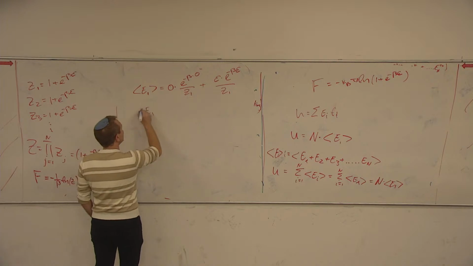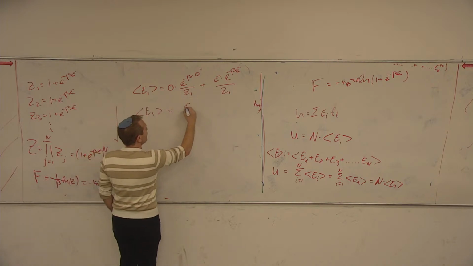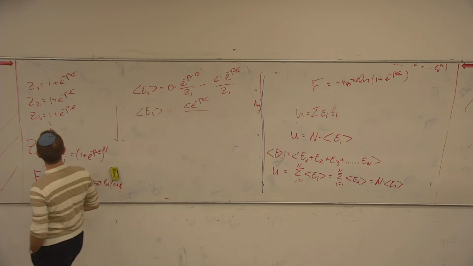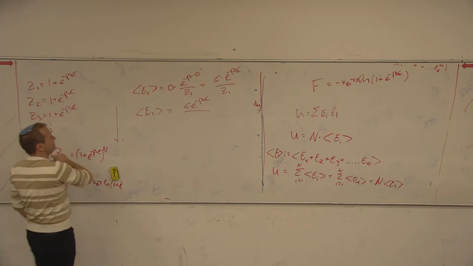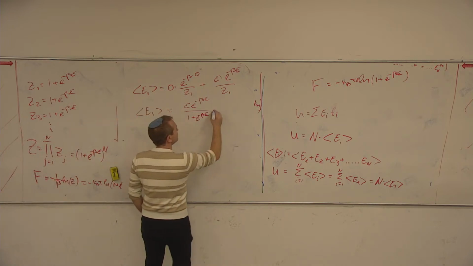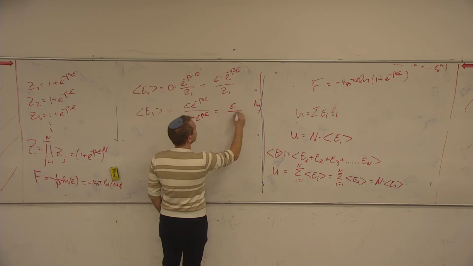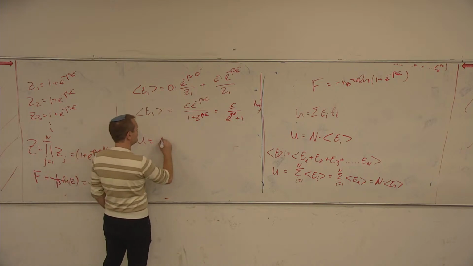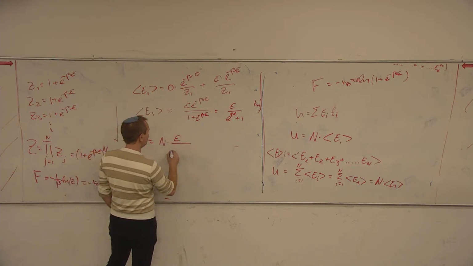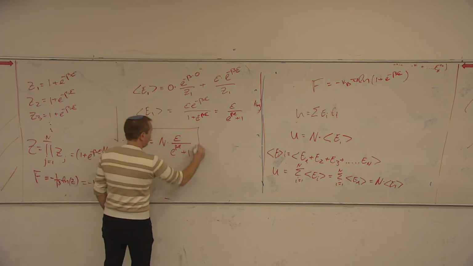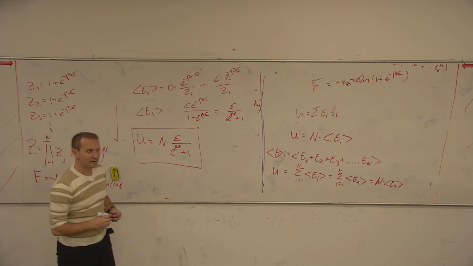So the average of E1 equals epsilon e to the minus beta epsilon divided by Z1, which is 1 plus e to the minus beta epsilon, which is simply epsilon divided by (e to the beta epsilon plus 1). So the average energy is N multiplied by epsilon divided by (e to the beta epsilon plus 1). That's all.